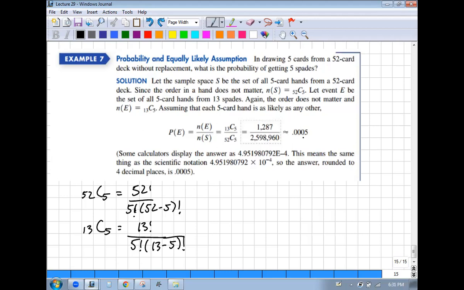So we get a probability of 0.0005. Some calculators will display it as 4.95. So they've rounded it, basically. The calculators rounded it to 0.05% chance.